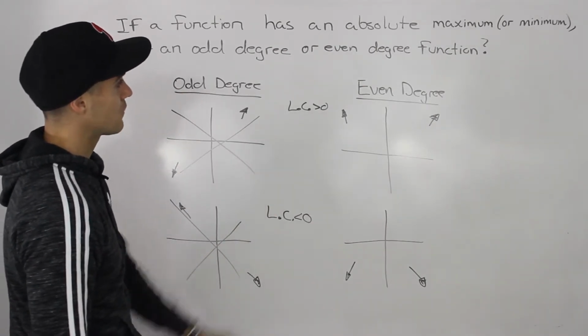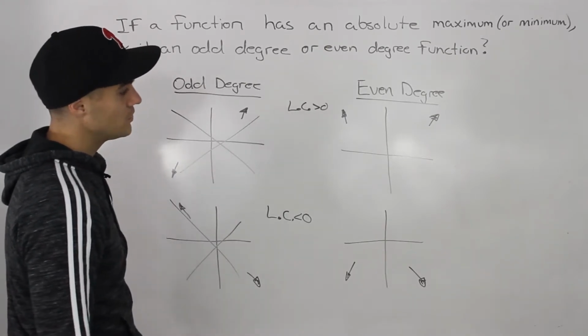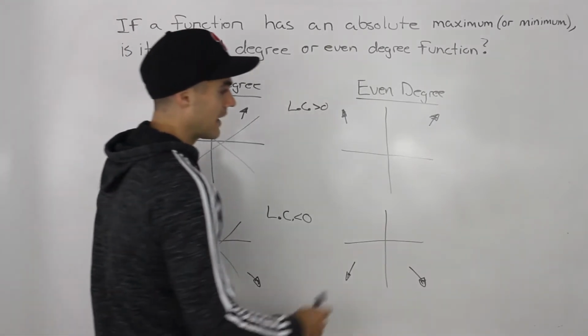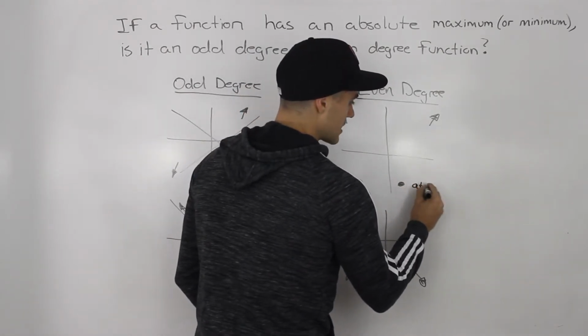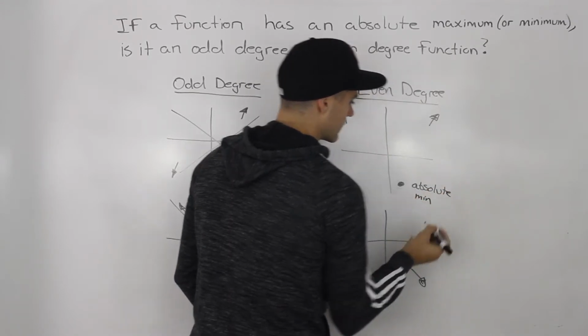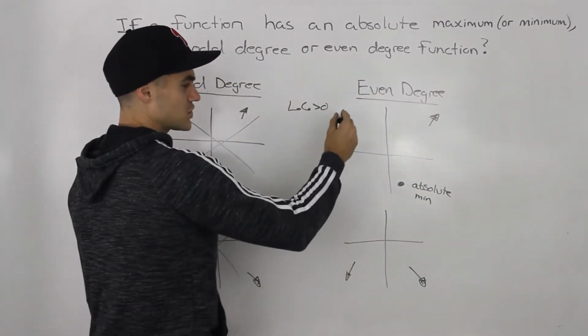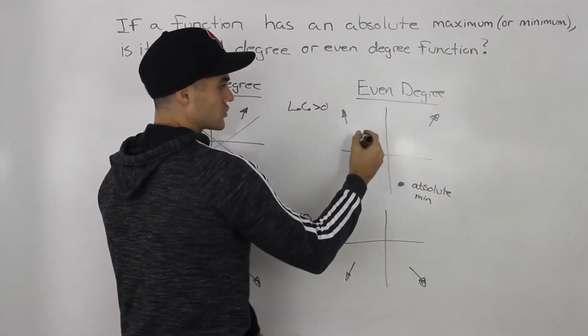Well, notice that for an even degree with a leading coefficient that's positive, there's always going to have to be some kind of absolute minimum somewhere. So let's say it's here in this case. Why is that? Well, because the function has to turn back, because it goes from quadrant 2 to quadrant 1 at some point.